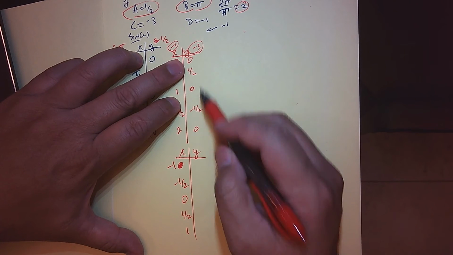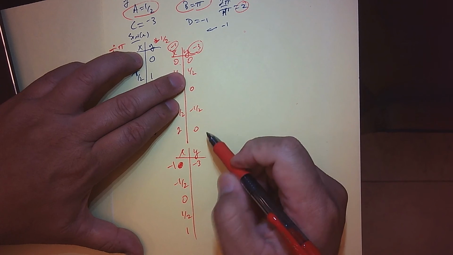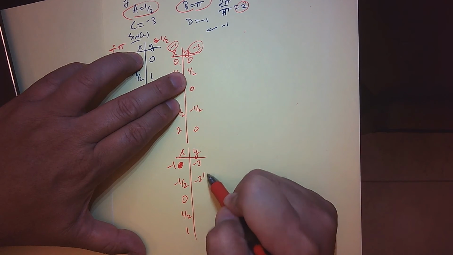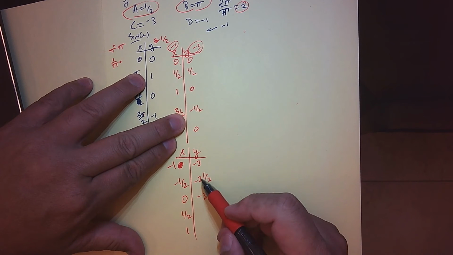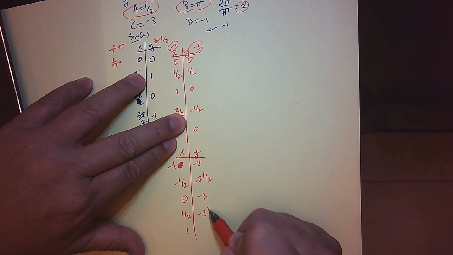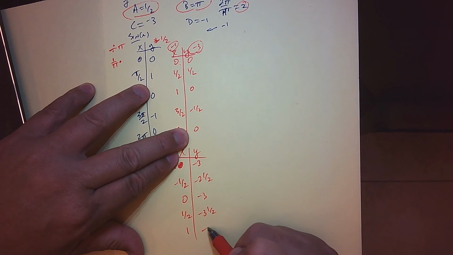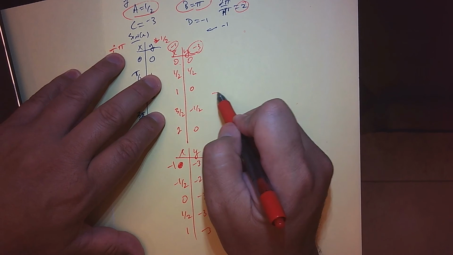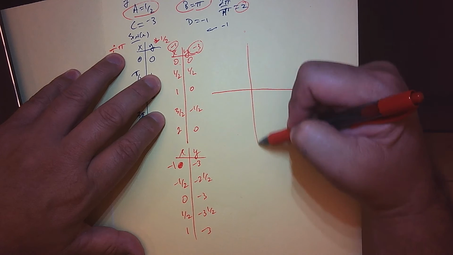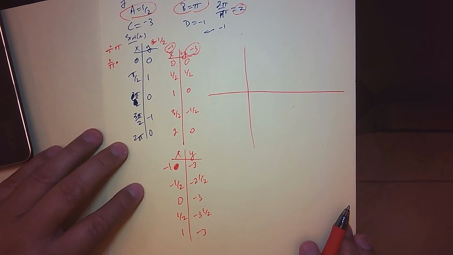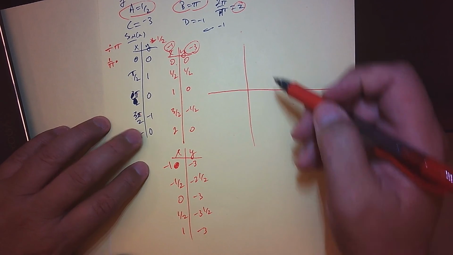Our y data, we're at a negative 3. It looks like a negative 2.5, a negative 3, a negative 3.5, and then a negative 3. So when I go plot this data, what's fortunate for us is we have some pretty nice values for x. We don't have any pi's. They're basically in terms of halves.